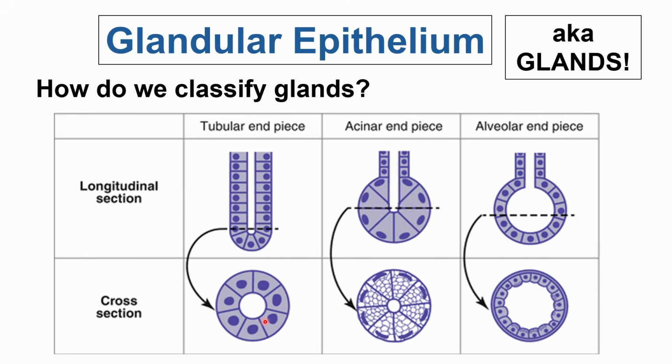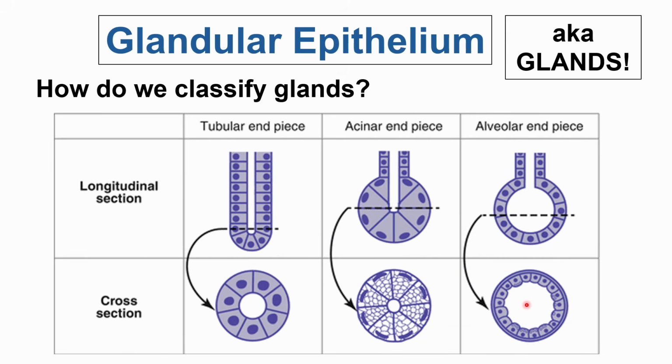Cross-sectionally, you can see that the cells of your tubular secretory units have a more cuboidal shape of individual cells, while those of acinar or alveolar units basically have a pizza or pie-shaped cell structure. Okay?